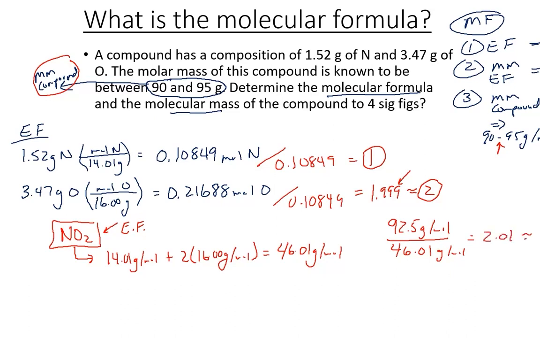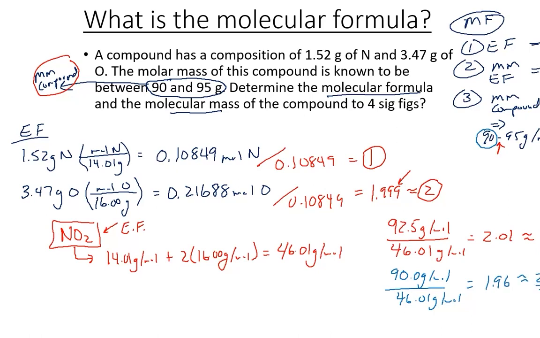Now, let's say you didn't want to choose halfway in the middle, but maybe take the low end of the range. The low end of the range would be 90 in this case. You could do the same thing, take 90 grams per mole divided by 46.01 grams per mole, which gives us a factor to multiply the empirical formula by of 1.96. Once again, close enough to round to 2.